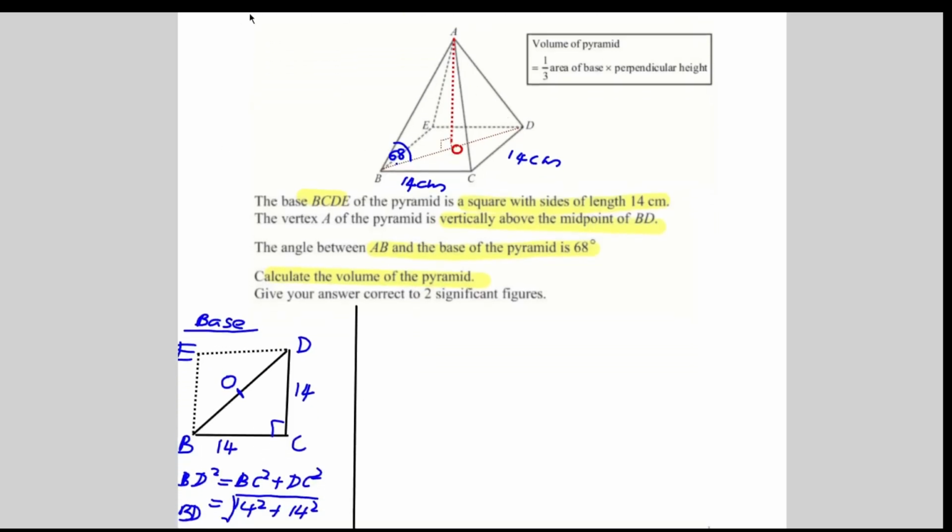Now we need to get this one. We have this length. We have this angle. Now let's consider this triangle. Let's draw that triangle again. First AO, after that OB, after that BA. Label it.